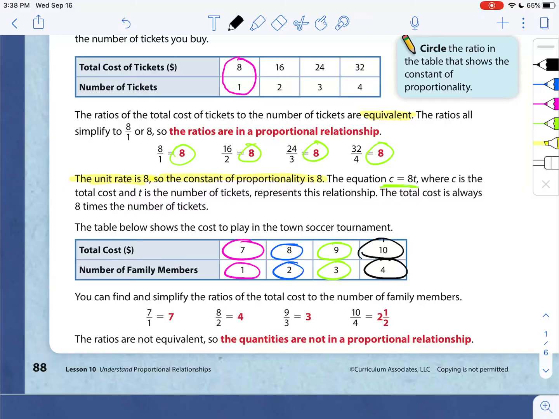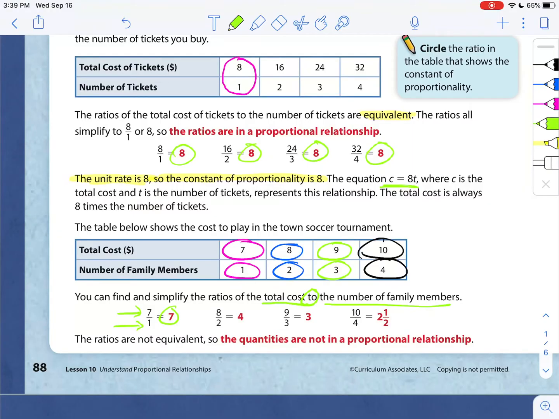You can find and simplify the ratios of the total cost to the number of family members. So based off the table, our first ratio is $7 to one family member. 7 divided by 1 is 7.